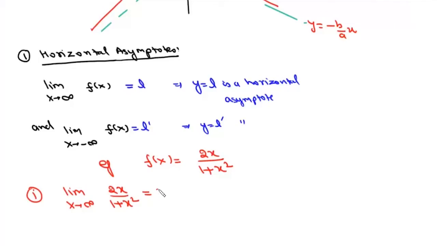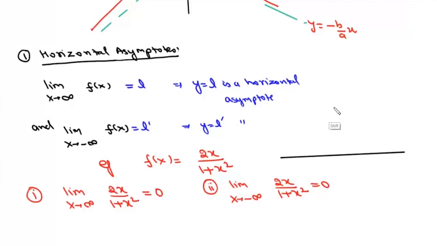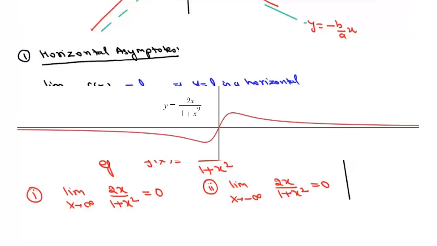That means value of this limit will be 0. In the same way, we'll calculate this other limit, which is limit x tends to minus infinite 2x upon 1 plus x square. It will also be 0. And when you'll study curve tracing, we'll draw this graph and you'll see that this graph will be drawn like this. So basically here the value of L and L dash is 0.